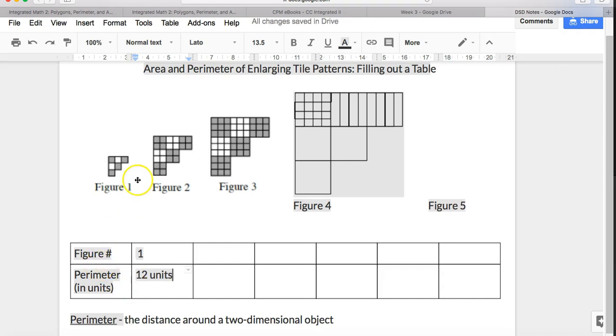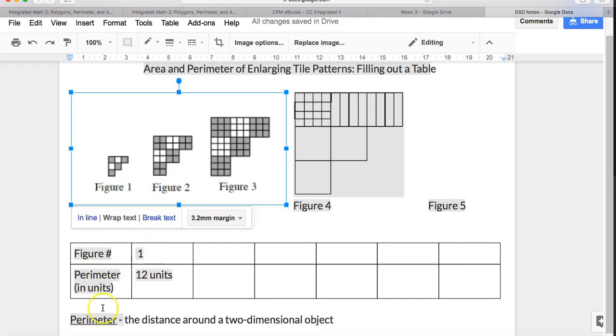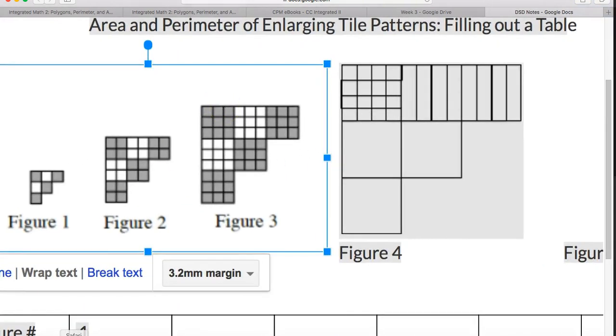You can do the same thing for figure number 2. So let me show you figure 2 as an example. So 1, 2, 3, 4, 5, 6, 7, 8, 9, 10, 11, 12, 13, 14, 15, 16, 17, 18, 19, 20, 21, 22, 23, 24.